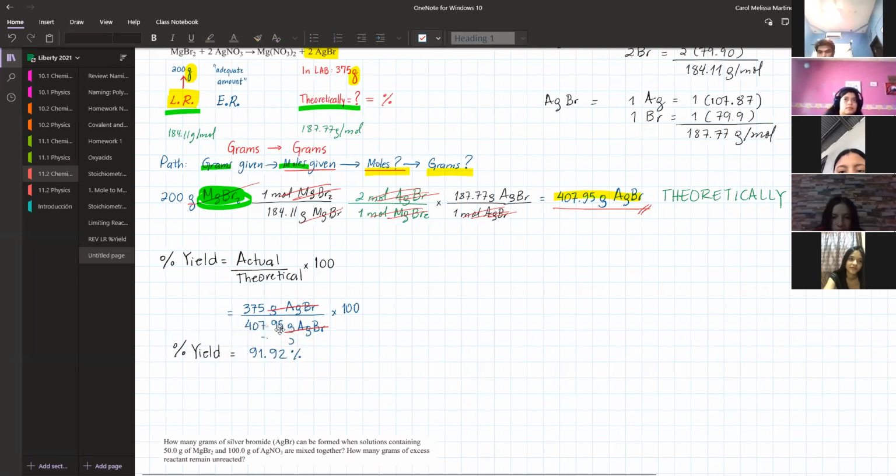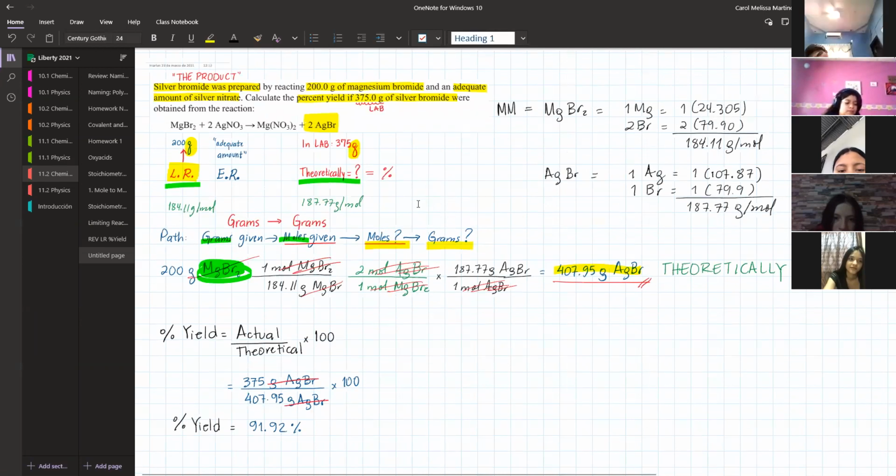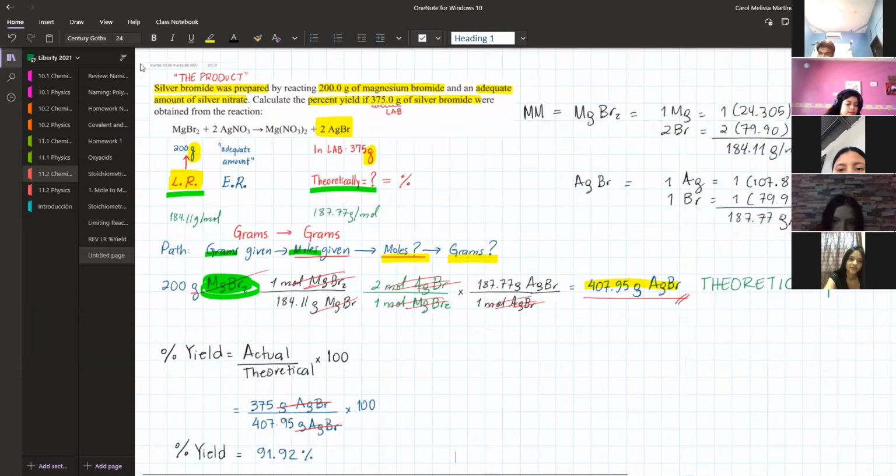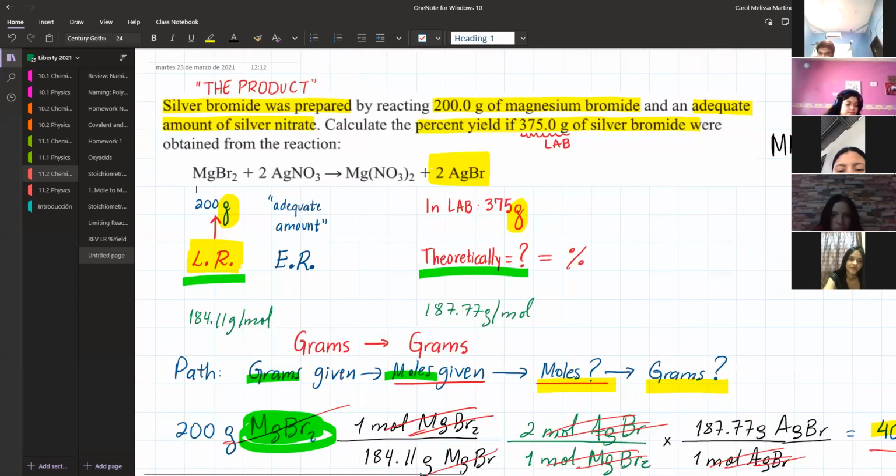Yes? How do you know when you are going to find grams to grams or grams to moles? Can you repeat that question, please? How do you know when you are looking for grams to grams? Because of the information of the problem. Here, for example, they are giving you 200 grams, and also you obtain in the lab 375 grams.